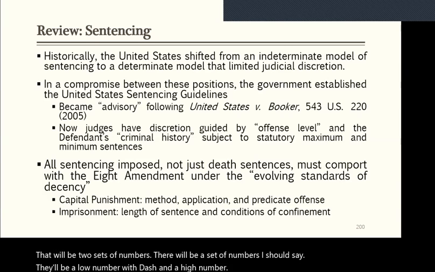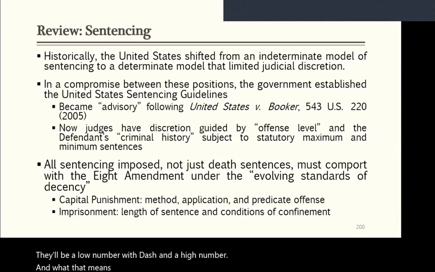And those are calculated in months, that's the range, right, that the U.S. Sentencing Commission has said is advisory, right? So it really is just using a table, right? And so it's still somewhat controversial, but it's kind of this middle ground that we found.